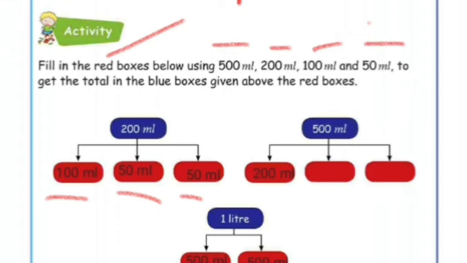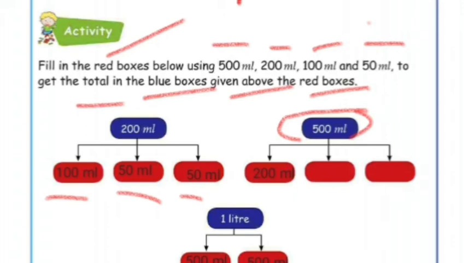Only these standard units we have to use to fill these red boxes, to get the total in the blue boxes given above. These are the blue color boxes. In this box is written 500 milliliters. We have to distribute the standard units in the 3 equal red boxes.